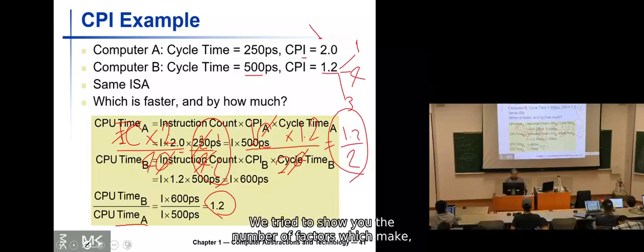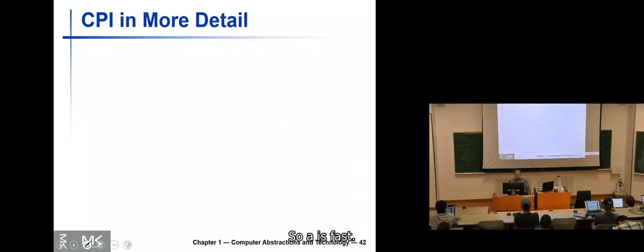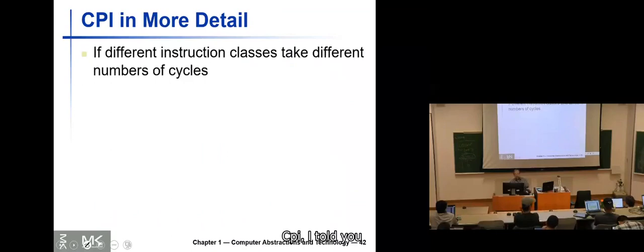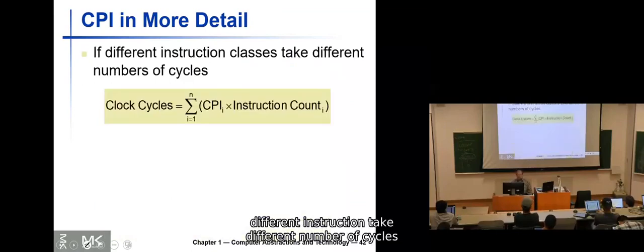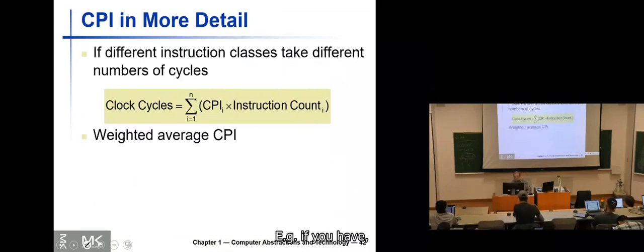We tried to show you the factors which make up CPU time: instruction count, CPI (clock per instruction), and clock rate. So A is faster. Different instructions take different numbers of cycles, so you should calculate them separately or take an average. For example, sigma of CPI times instruction count.